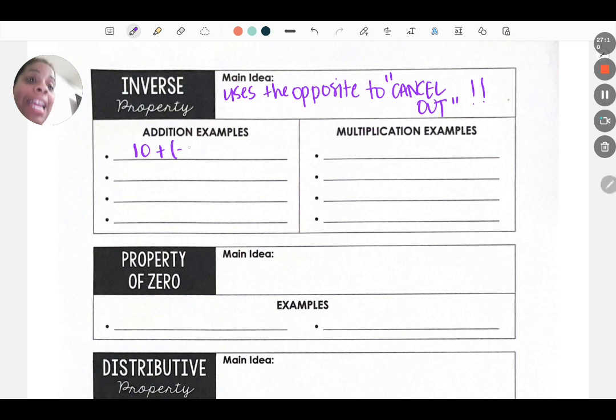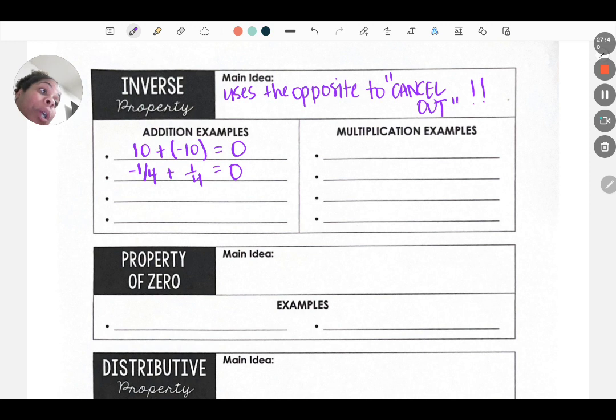Yes, plus negative 10 will give us 0, right? Again, it's doing the inverse of what it's asking. So let's do a fraction. We could do negative 1/4 plus positive 1/4, which will cancel each other out.